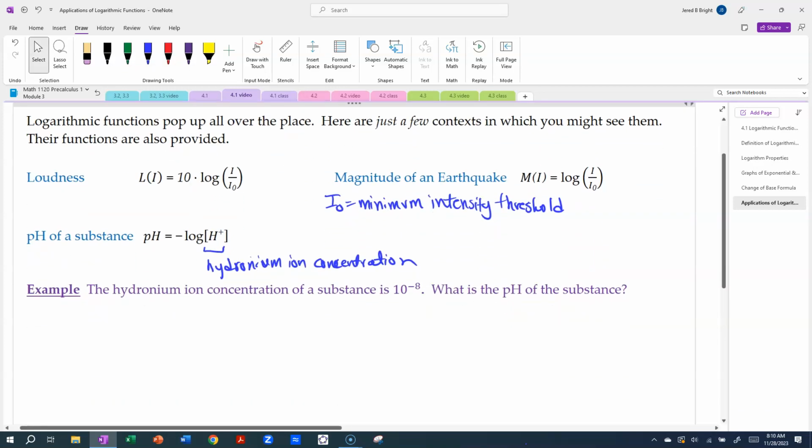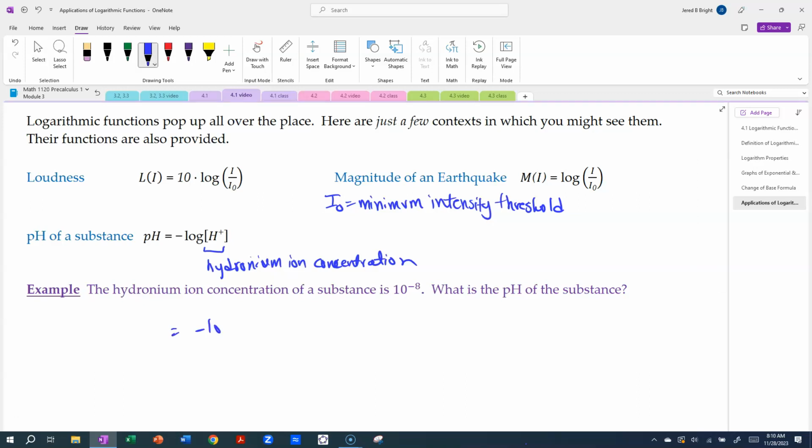So the hydronium ion concentration is given, so it's negative log of that concentration, and we want to know what the pH is. That isn't too hard. I could put this in my calculator since I have a log base 10, or I can save my energy from reaching for my calculator, taking the cover off, and punching it in, which you've probably done by now.